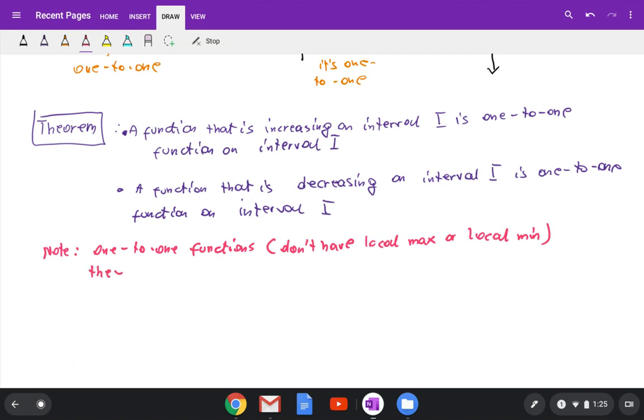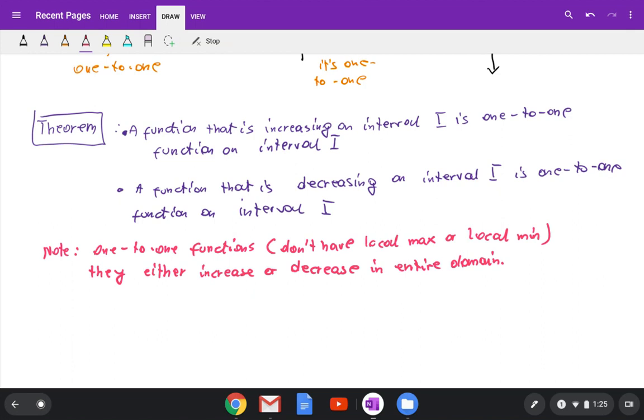They either increase or decrease on the entire domain. We don't have that change of behavior.